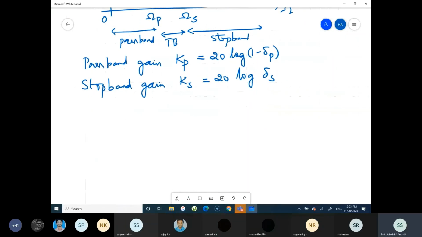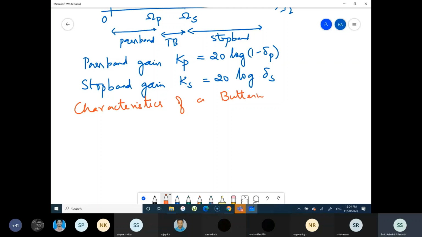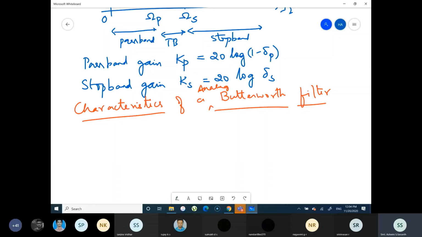Characteristics of an analog Butterworth filter.